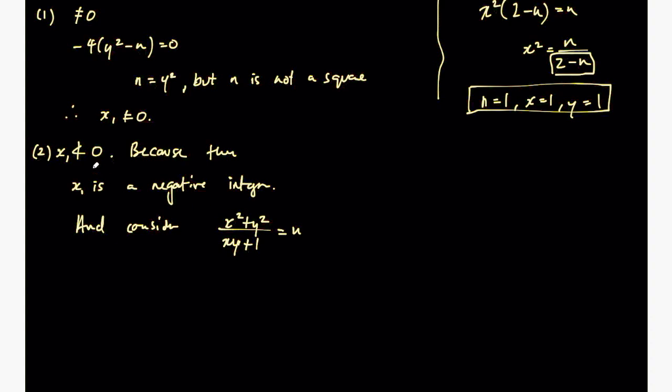This would be negative if x1 is a negative integer. So therefore, x cannot be a negative integer if y and n are positive integers.